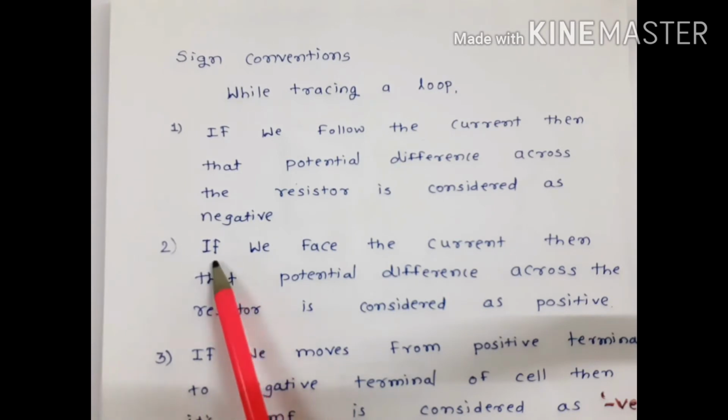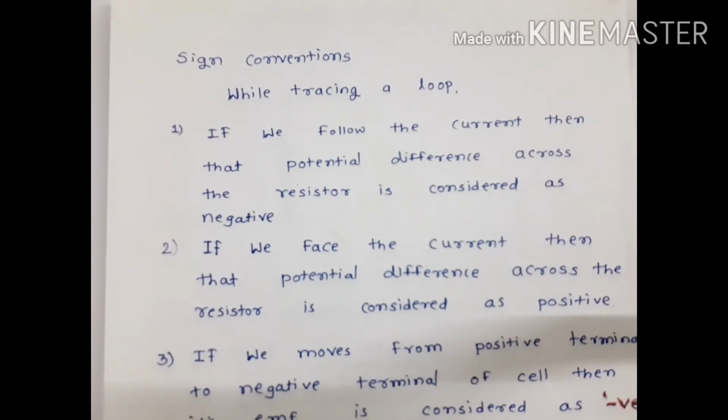Second sign convention: if we face the current, or oppose the current, then the potential drop across the resistor is considered positive. These are the two sign conventions related to potential drops and currents.